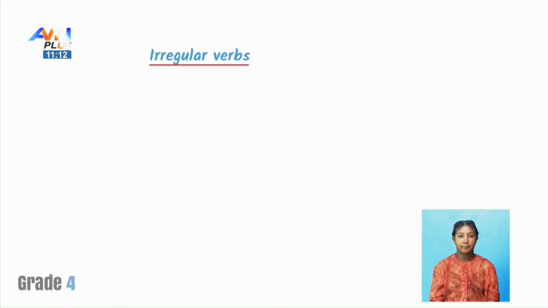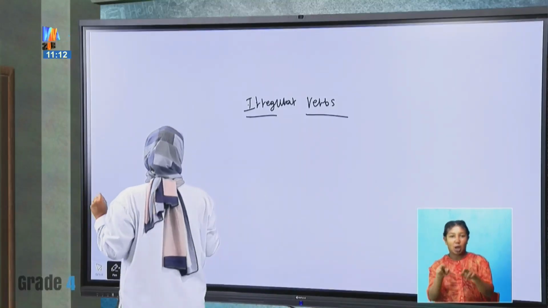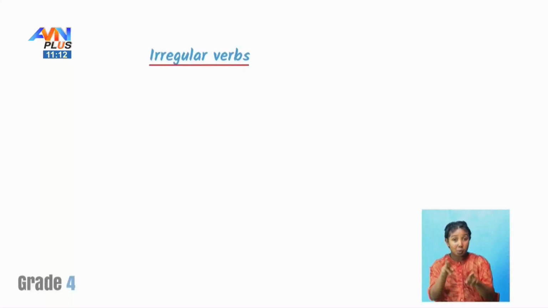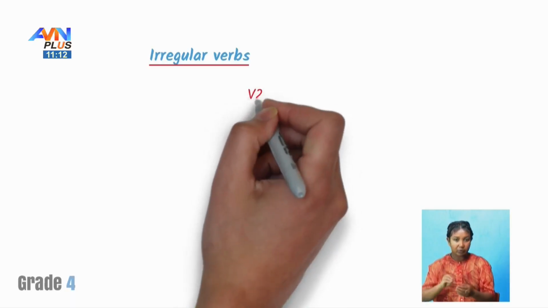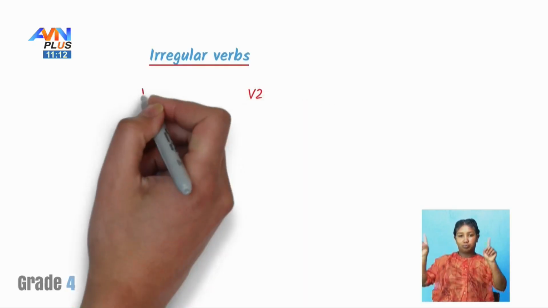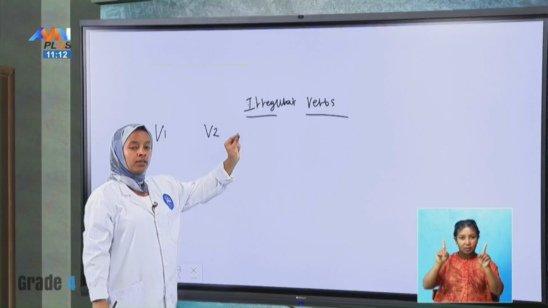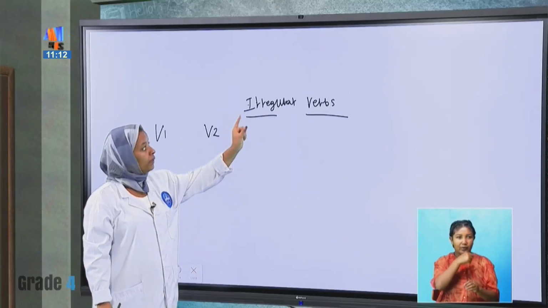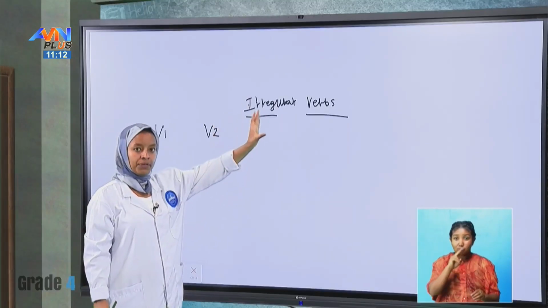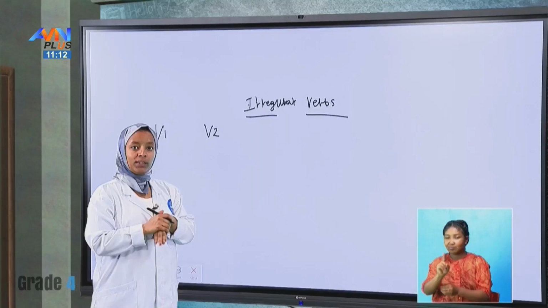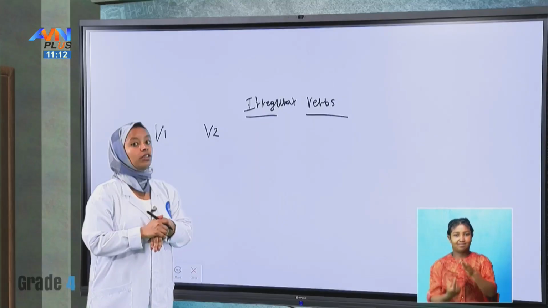So here we can also use verb 2. Here is verb 1. The difference is that when we complete these verbs, we are not adding what? ed.